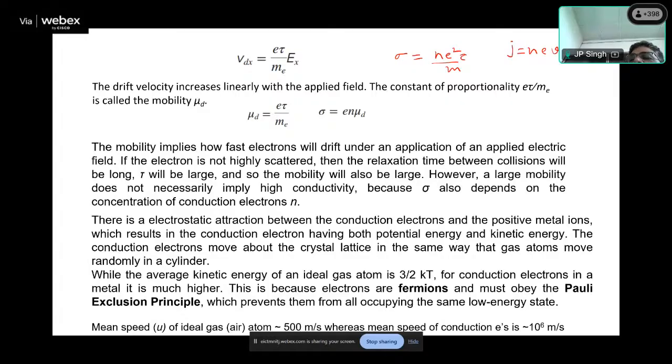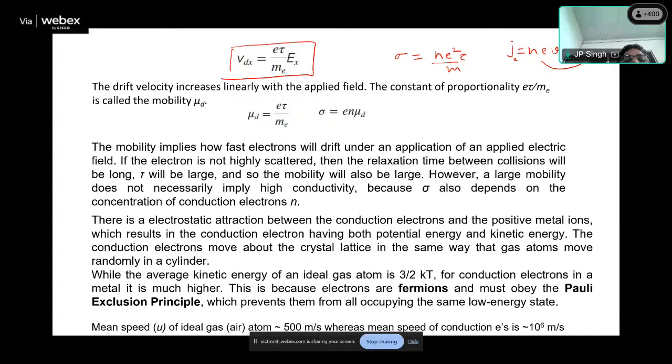So if it is X, I can write X here also. If I correlate these two functional forms of current density, we get the relation that the drift velocity is proportional to the applied electric field, where tau is the collision time.